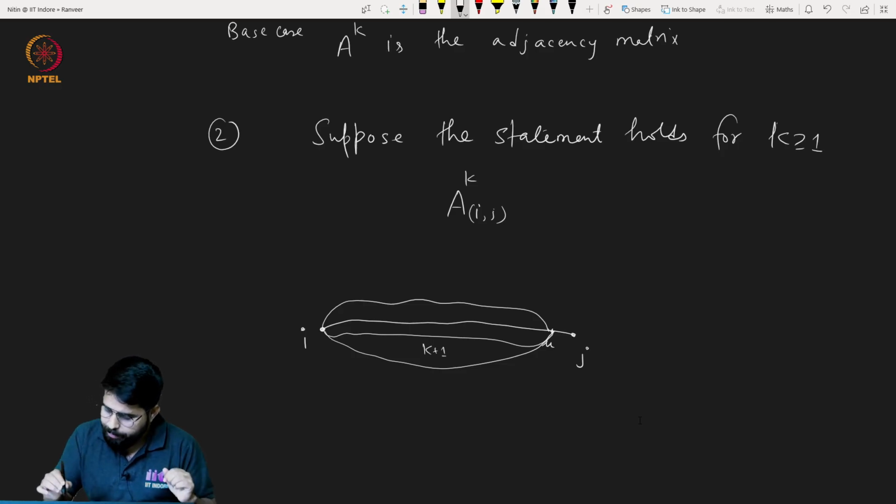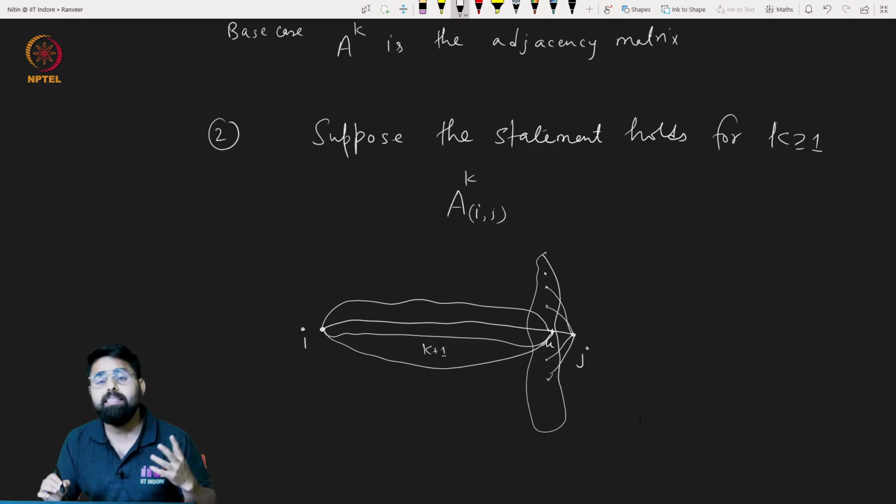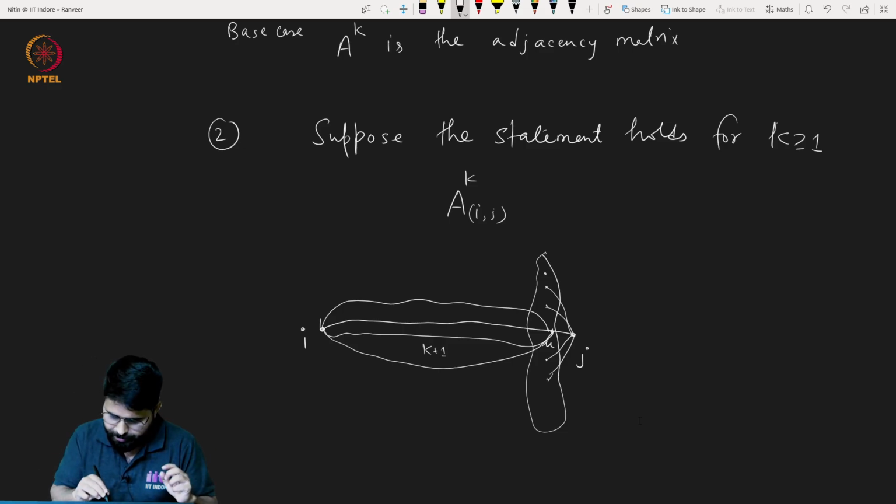And in this way, maybe there will be many other vertices which have a direct edge, basically they are neighbors to j, such that these neighbors may also have a path of length k.